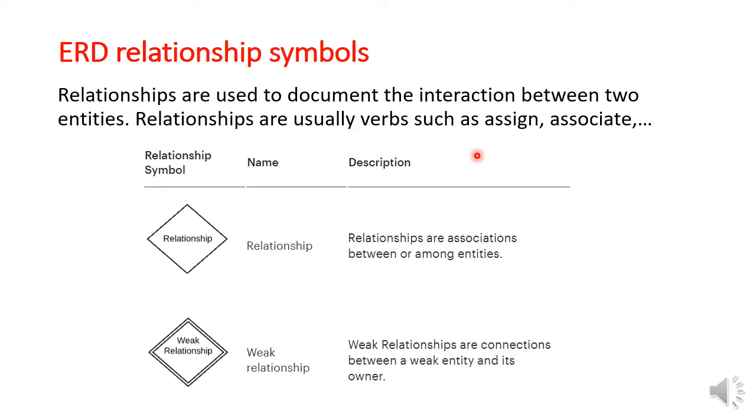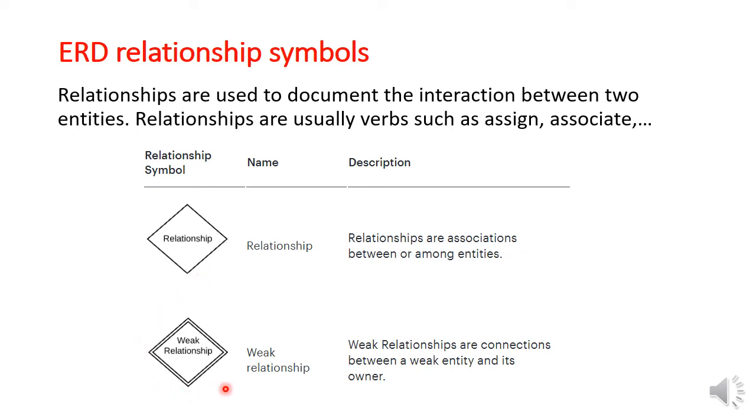Here we have some ERD symbols which are used to show the relationship among the entities. The first figure is a diamond or a rhombus. This is a strong relationship, a relationship which is an association among entities.